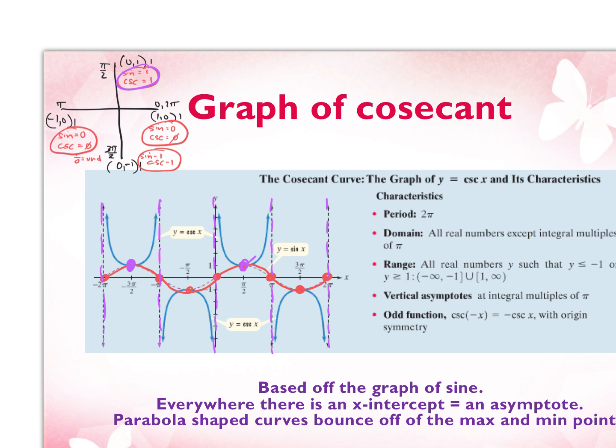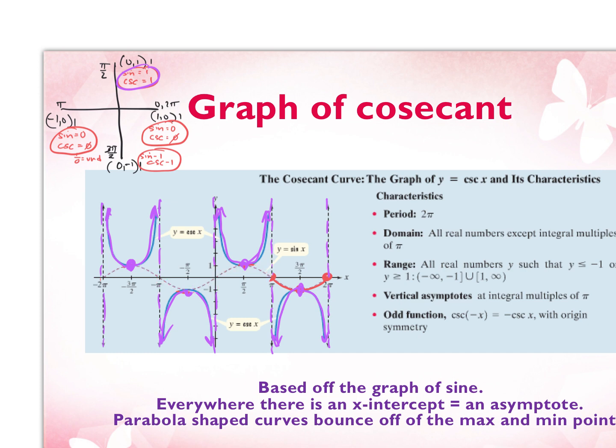And how you're going to graph it is you're going to do these parabolas up and away from the x-axis towards those asymptotes. And when you go to negative 1, the same thing, down and away from the x-axis. So again, the official graph of the cosecant doesn't really include the sine portion of it.